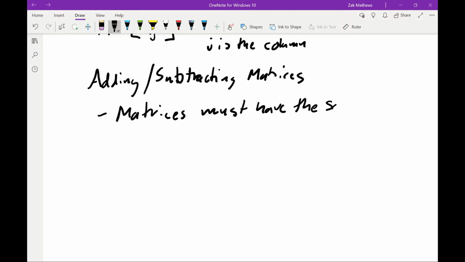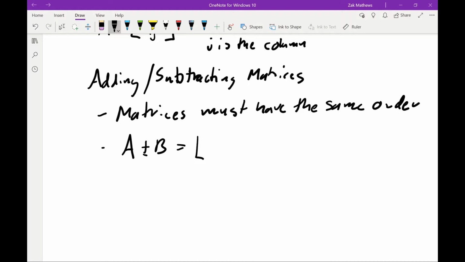If the orders aren't the same, then we can't add them. It's as simple as that. In order to add two matrices or more, they have to have the same order, same dimension.